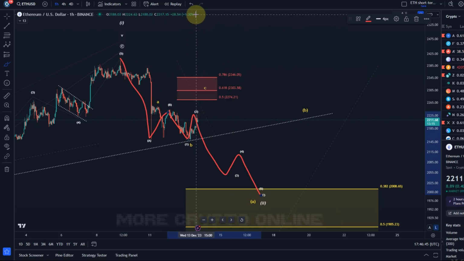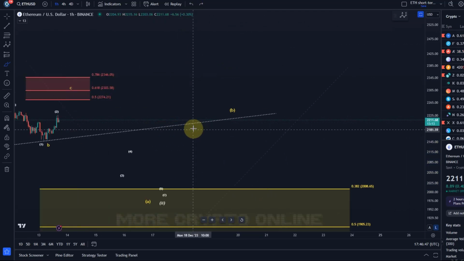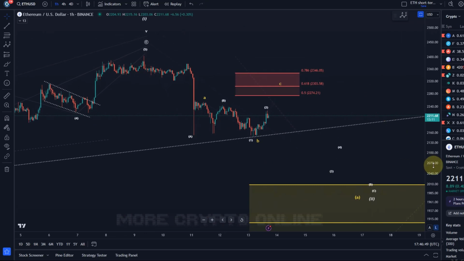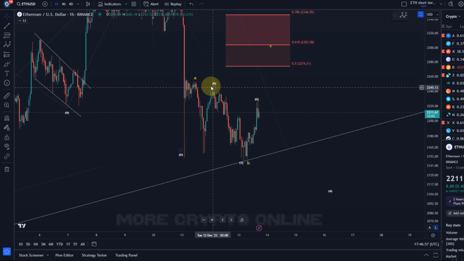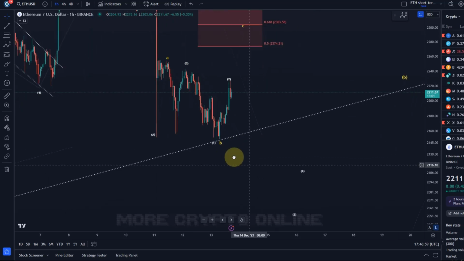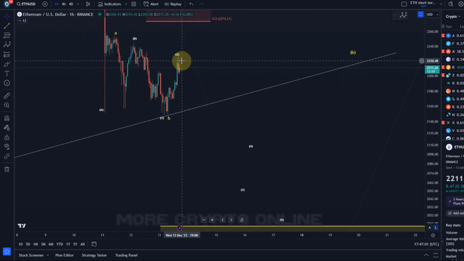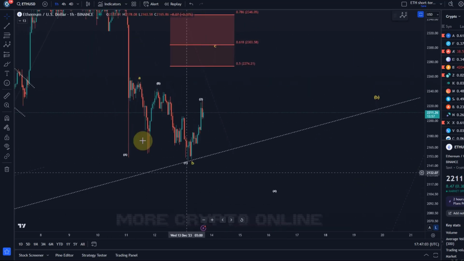This wave count is valid as long as the B wave high is not broken. And we've nearly broken it. Well, not there yet, but that B wave high is at $2,245. As long as we stay below that B wave high, this is a valid 1-2 setup with a third wave coming to the downside.